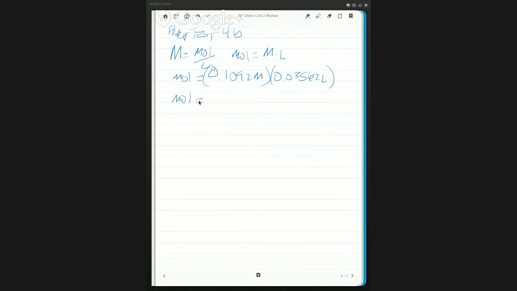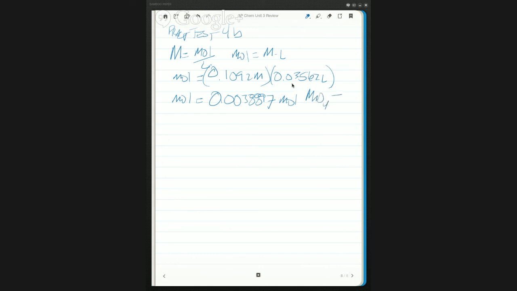So our moles are equal to 0.1092 times 0.03562, and I get 0.0038897, too much, but that's okay, moles of MnO4 minus.